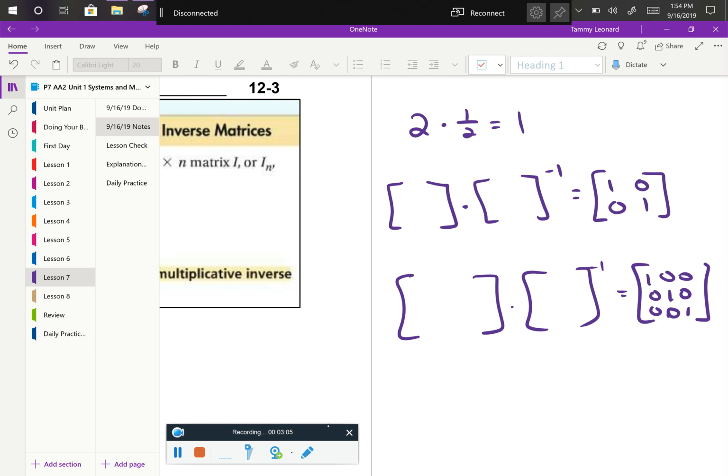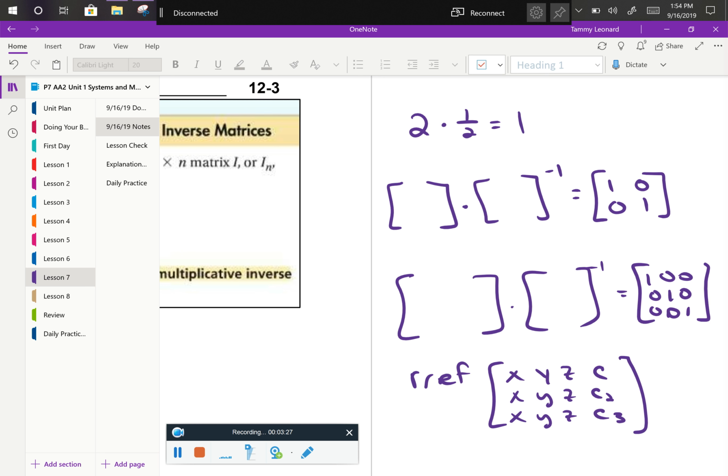And we've actually seen the identity matrix before. If you remember when we did RREF, we did it on a 3 by 4. Remember that?